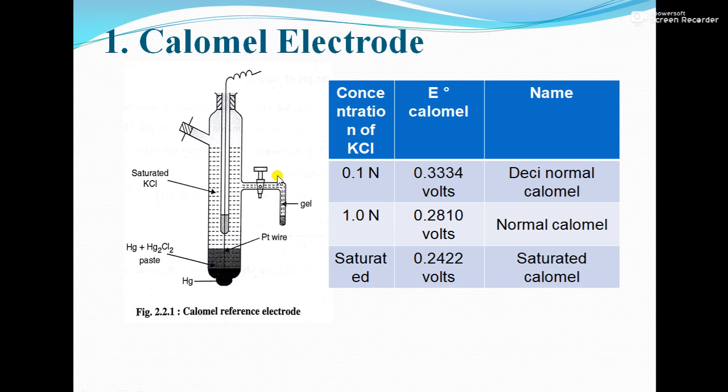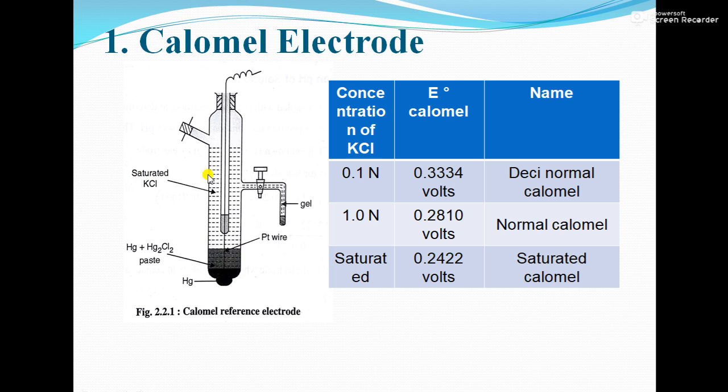So this is the table which shows you the different values of E0 of calomel when different concentrations of KCl solution are filled. That means when we fill this calomel electrode with saturated KCl solution, then the value of E0 will be 0.2422 volts and its name is saturated calomel electrode.